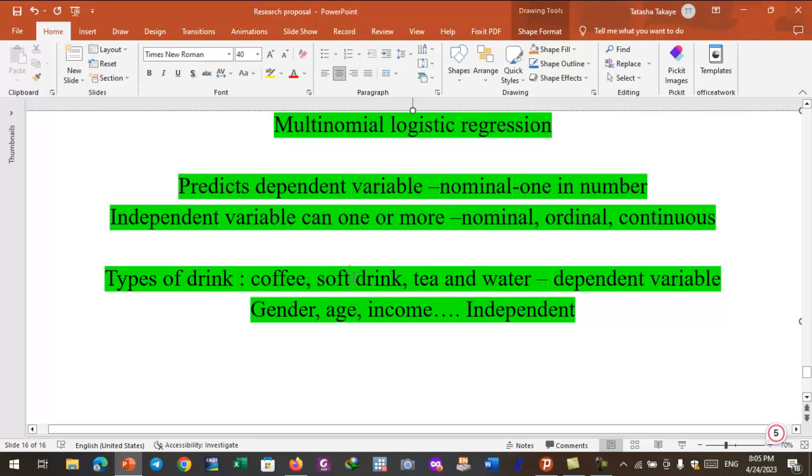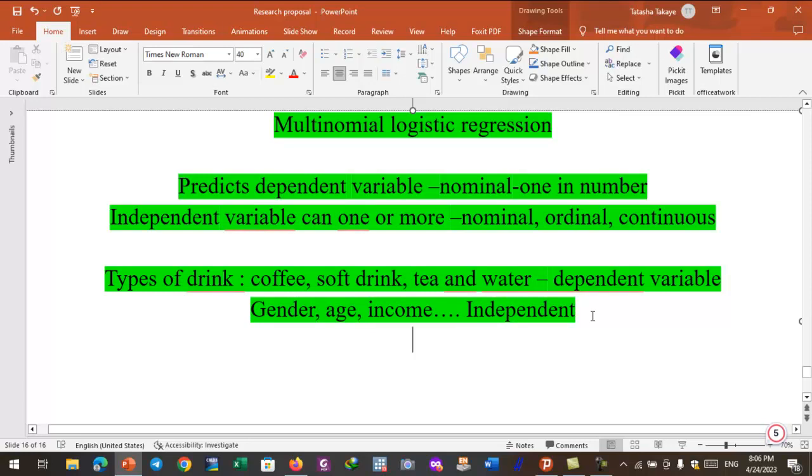You will be required to run a multinomial logistic regression model if and only if the dependent variable is categorical and the groups within the categorical variable are more than 2. The independent variable can be either 1 or more than 1. And let me show you another example.